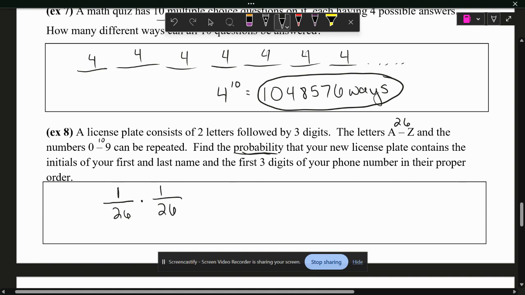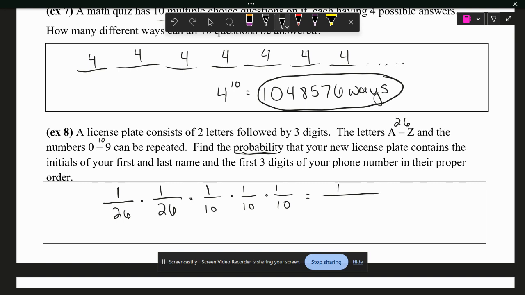For the first 3 digits of my phone number in the proper order, I've only got 1 out of 10 numbers, 1 out of 10 numbers, and 1 out of 10 numbers. So notice how we've taken those specific ones. So there's a 1 out of whatever that big number is below chance that you're going to get that type of situation.